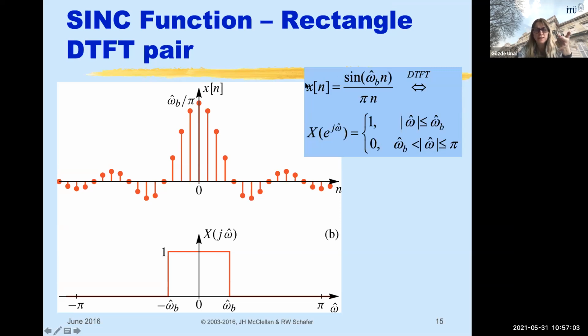It's very straightforward: we started from the Fourier domain and used the inverse Fourier transform to go back to the sine n over n type function, sinc to rectangular pulse. The important thing is that the omega hat b frequency in the sinc goes to the cutoff frequency of the rectangular filter, omega hat b. This is a pair you can derive now.